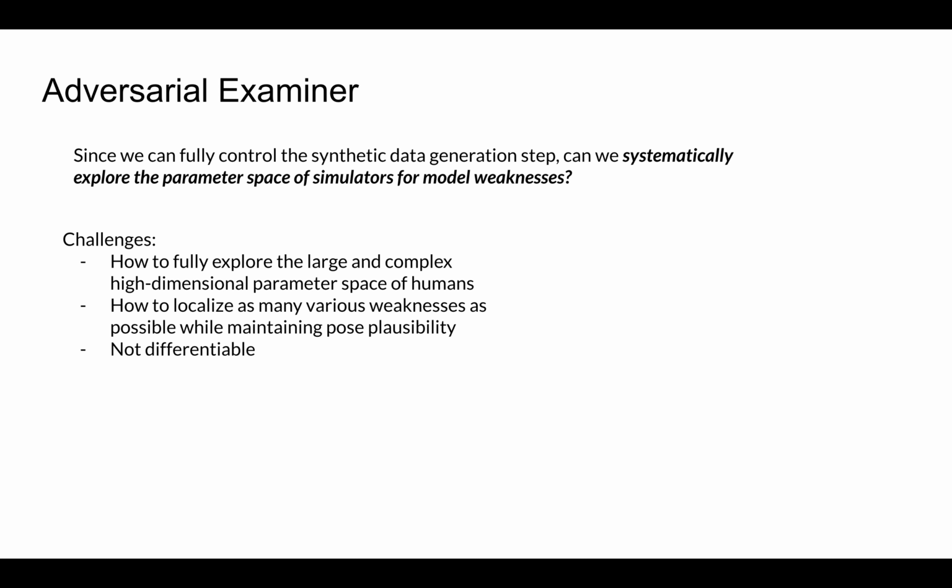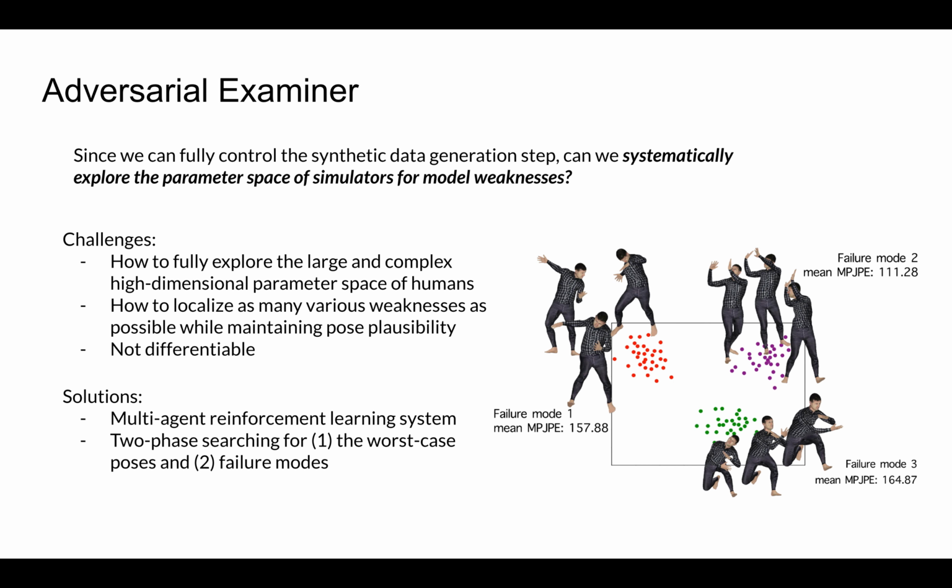First is how to efficiently explore the large and complex high-dimensional parameter space of humans, especially when the rendering process is not differentiable. The second is how to localize as many various failure modes as possible while maintaining pose plausibility. Our solution is a multi-agent reinforcement learning system, in which the agents collaborate with one another to search over the latent parameter space for model weaknesses.